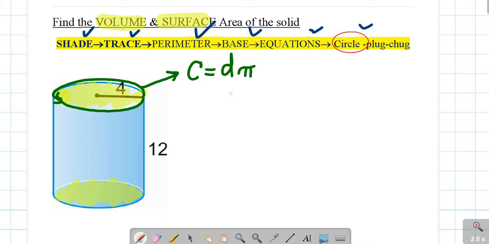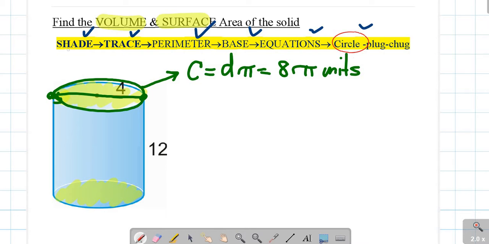So right here, our diameter, we trace it across. Our diameter is not 4, our diameter is 8, times pi. We check for units. There's no units, so I'm just going to write the generic units. It's not squared because it's perimeter, which is one dimension.